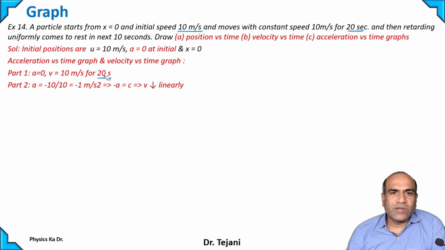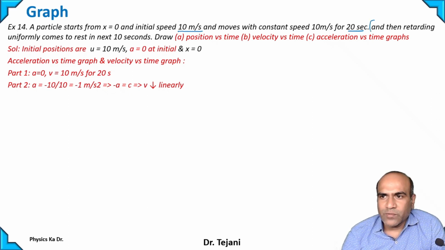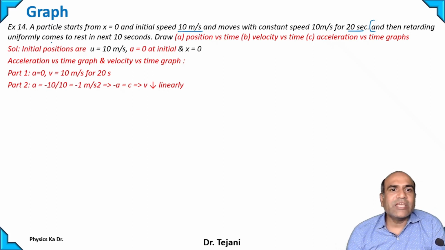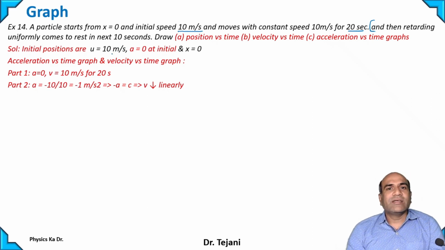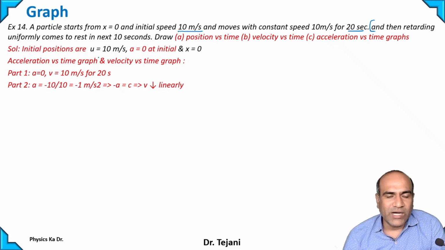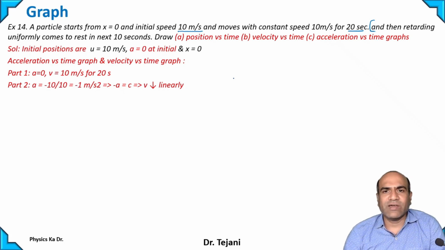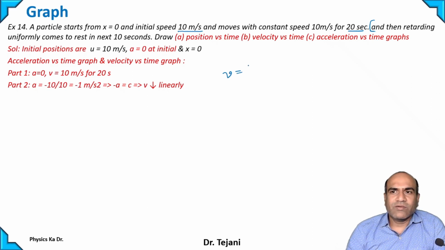Part 2, see what is mentioned: then retarding uniformly comes to rest in the next 10 seconds. So after that, the initial velocity for part 2 was 10 meter per second, and it goes to 0 in 10 seconds.